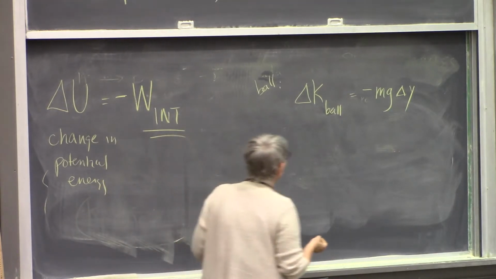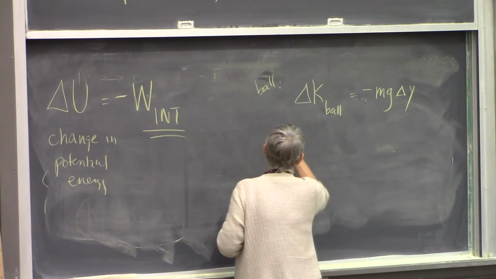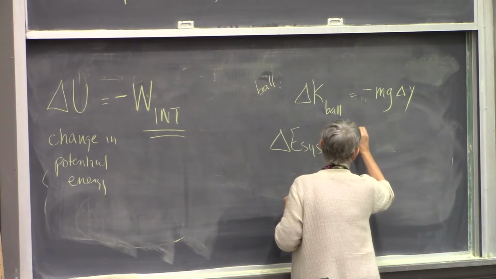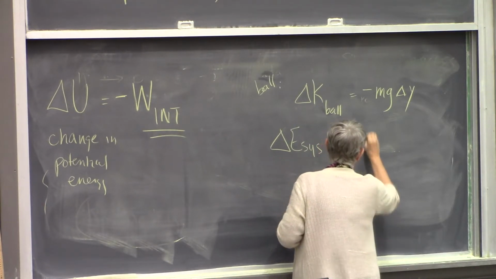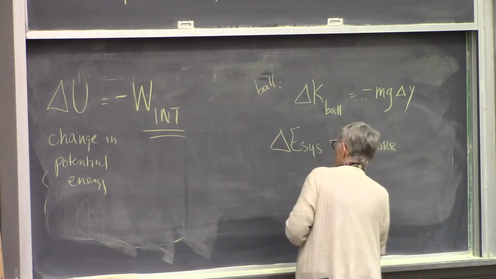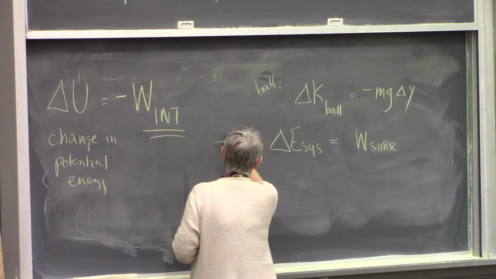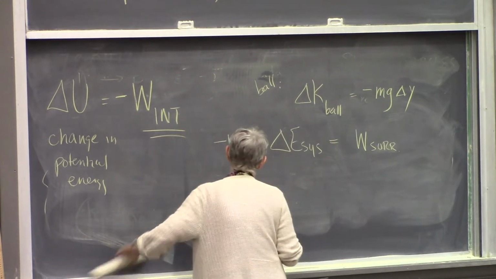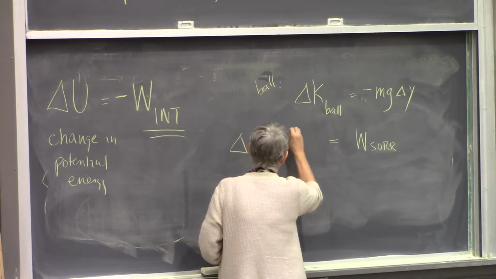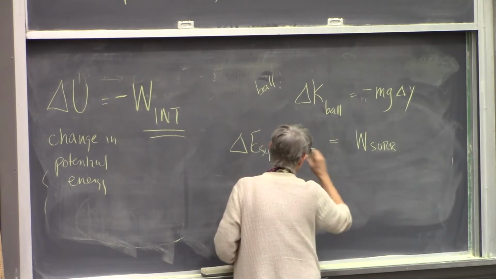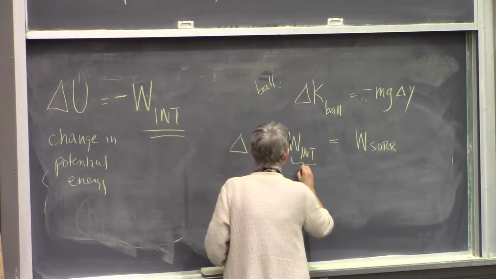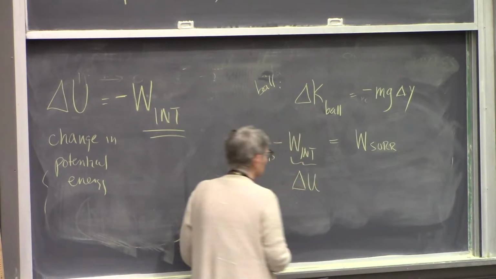So basically, what we've done, we could say the change in energy of the system is equal to work done by the surroundings minus work done by forces internal to the system, and we call this a change in potential energy.